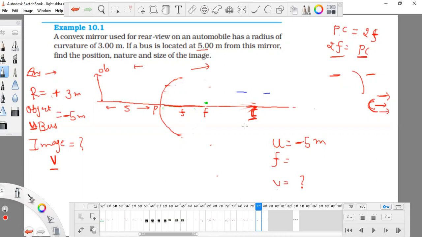Actually in this case it is telling me that this is anything which is originating from C and strikes with this. Or it is also telling me that this is R. This is R, and we know that R is equals to 2F, or F is equals to R by 2. Remember one thing, as I told you before.